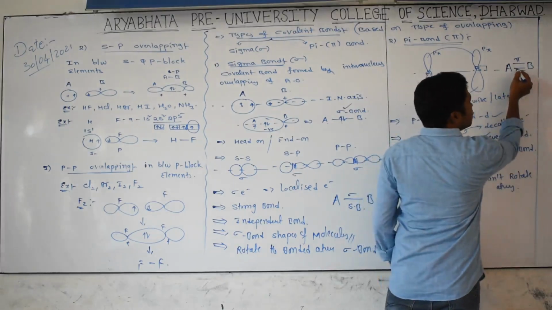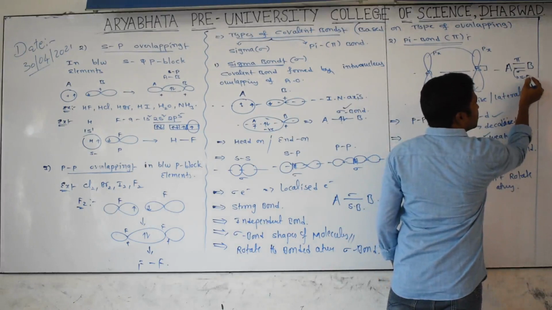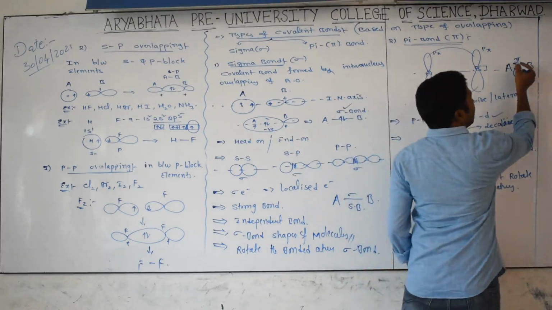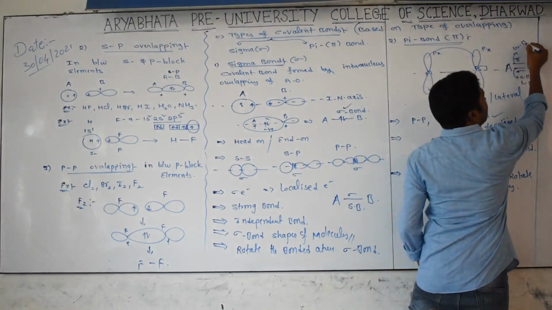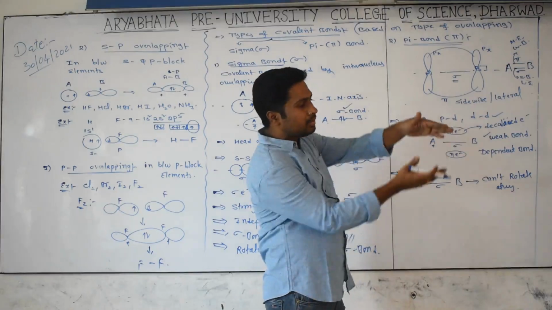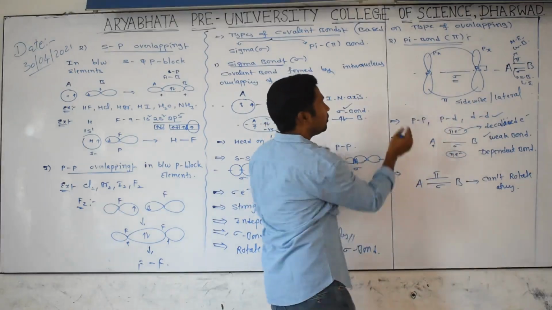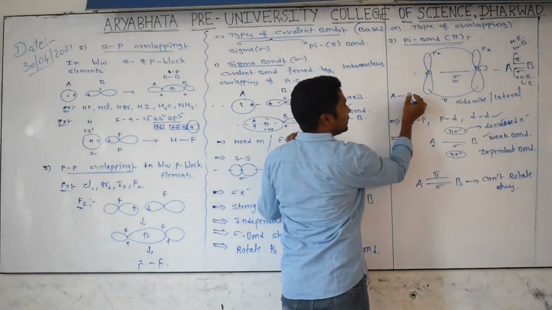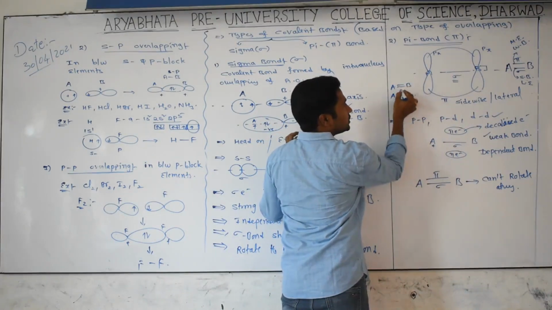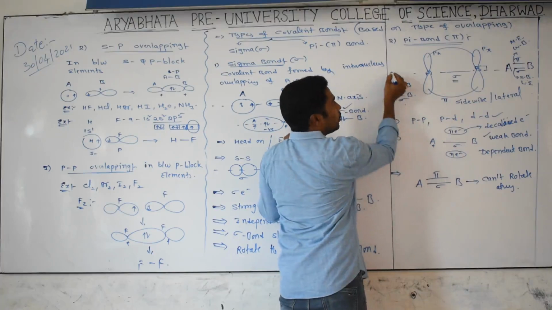Why? Because the sigma bond is a strong bond. Strong bond means less energy, down below, and the pi bond is a weak bond. Weak bond means more energy. That is the meaning. So between two atoms, if only one bond is there, A-B, that is a sigma bond. If two bonds are there, one is sigma and one is pi.